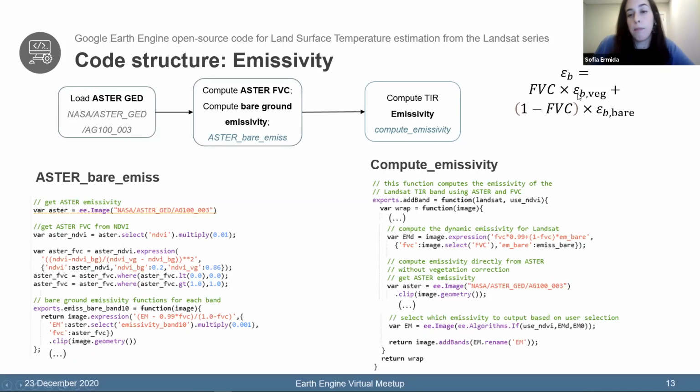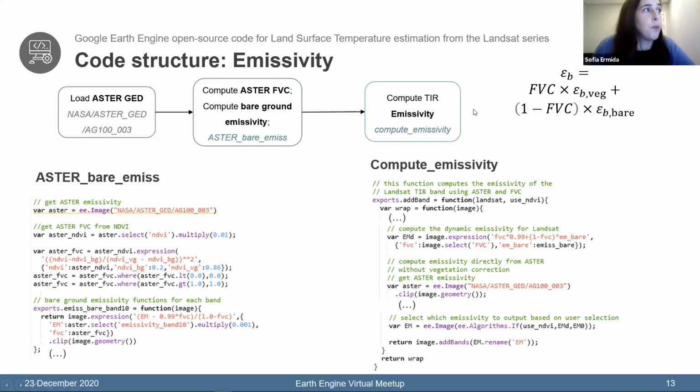And the weight is simply the fraction of vegetation. So the vegetated part is pretty stable, takes very high values, so we can just assume a typical value from the literature. And then the bare part is what we'll be getting from the ASTER.